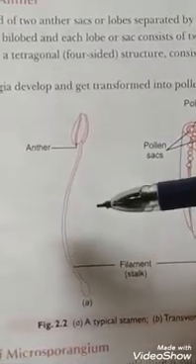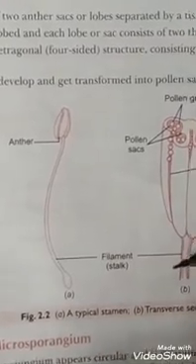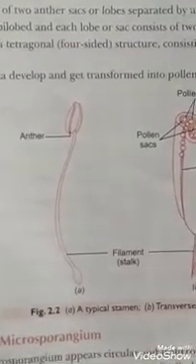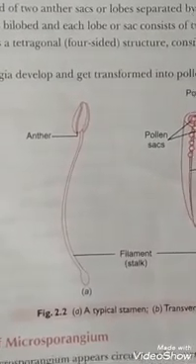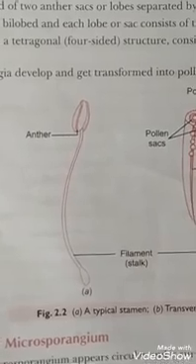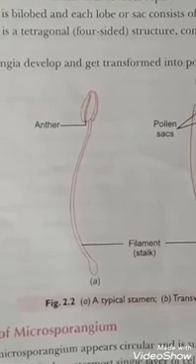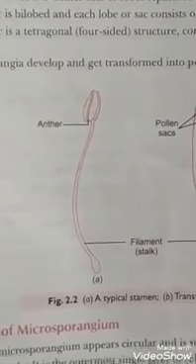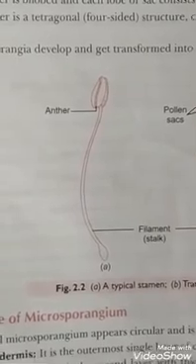And you also know flower is a modified stem, hence the parts of flower such as calyx, corolla, androecium, gynoecium, means sepal, petal, stamen and gynoecium or carpel. They are the modified leaves.